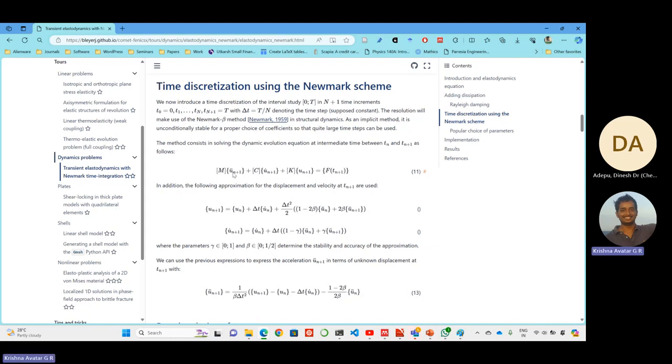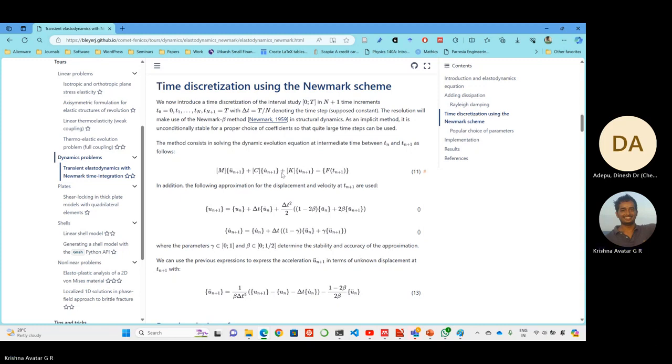You can only integrate the first order derivative, not the second order derivative. If it's a second order derivative, then we have to convert it into a system of first order derivatives, and only then can we integrate it. That means all the methods used in CFD cannot be used directly, because they have first order derivatives in time.